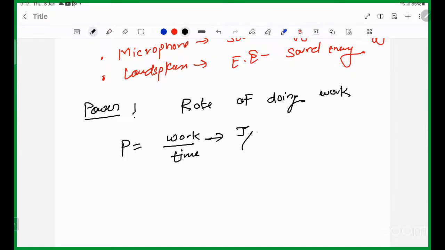The SI unit of work is joule and time is second. So the SI unit of power will be joule per second, and we can also write it as watt.